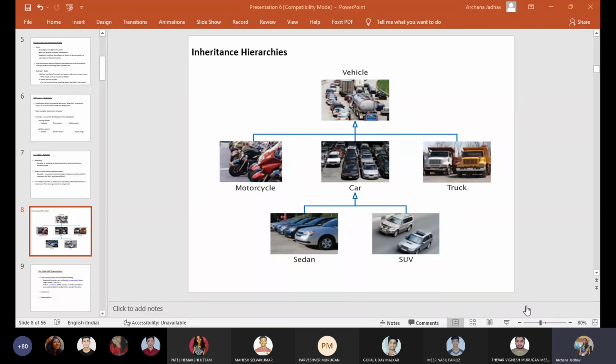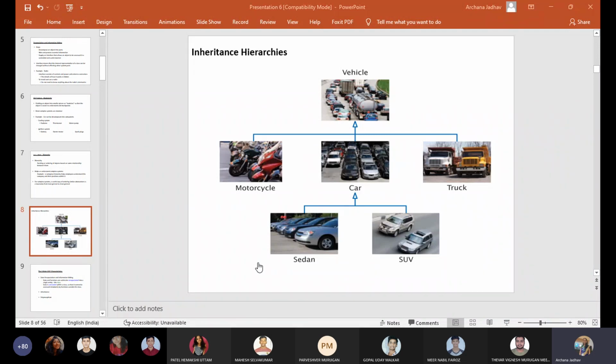I will declare one name variable at the top inside my class, and that name variable I can use for student also, I can use it for worker also, and I can use it for employee also. So inheritance is the process by which one object can acquire the properties of another object. Please remember this. Inheritance is the process by which one object can acquire the properties of another object.